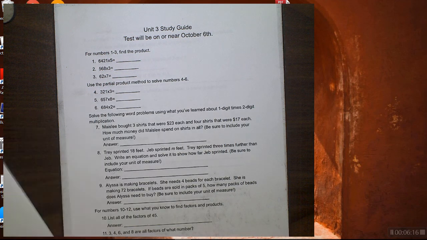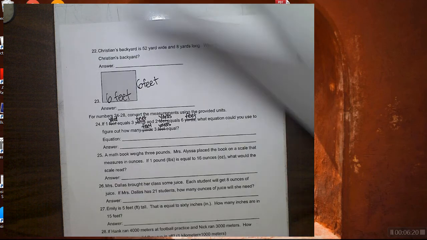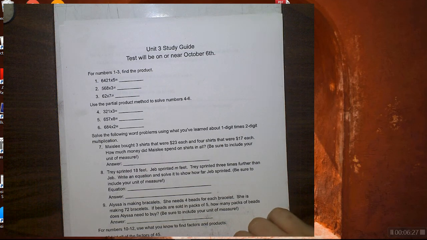For example, number 1, they could go back and look at the video for numbers 4 through 6. For number 2, convert 7 feet to inches, they can go back and look at numbers 24 through 28. Number 3 says list 4 factors of 120.